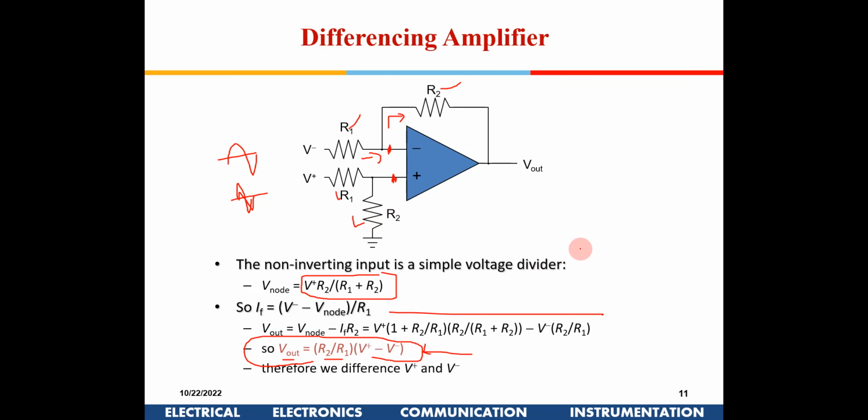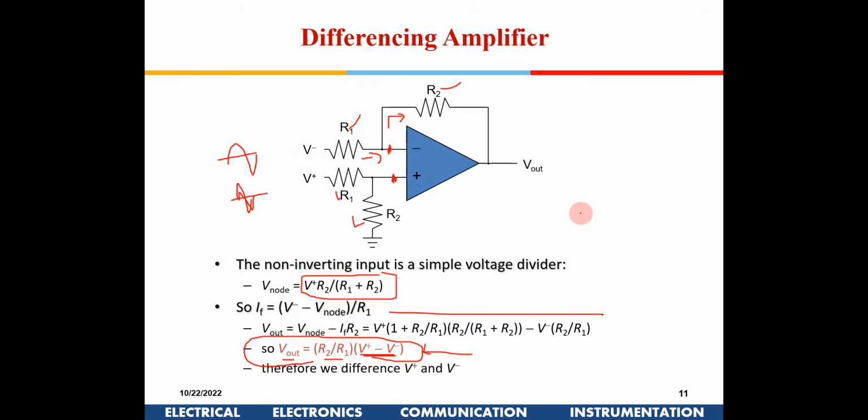Sir, why is a voltage divider used at one of the terminals of the differential amplifier? Here, this divider. Only if you use R1, R2, otherwise you won't reach this equation. If you match this R1, R2 and this R1, R2, only then this is V out, this is the gain, and this is the pure difference between these two signals.